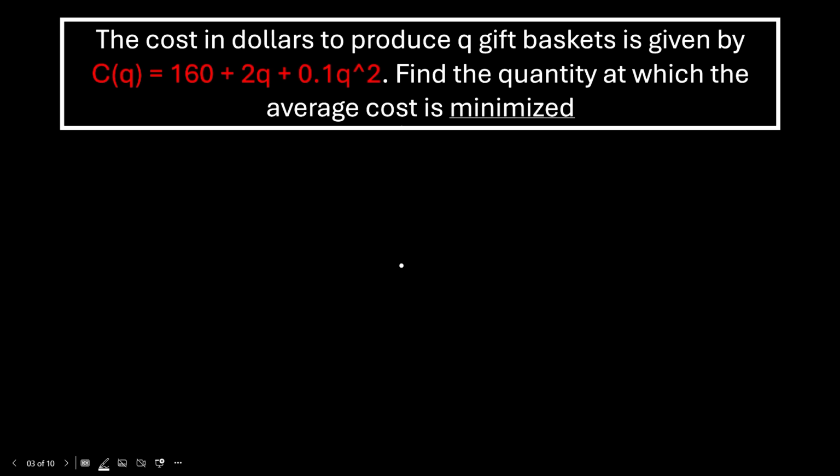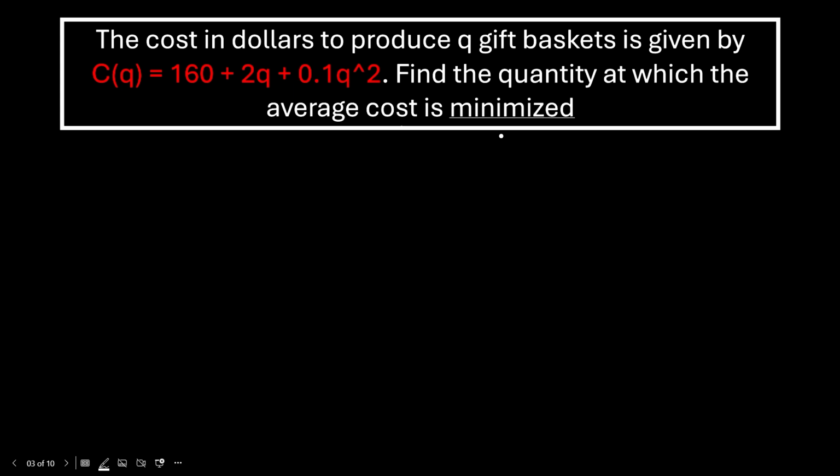So here's our problem. The cost in dollars to produce Q gift baskets is given by C function of Q equals 160 plus 2Q plus 0.1Q squared. Find the quantity at which the average cost is minimized.